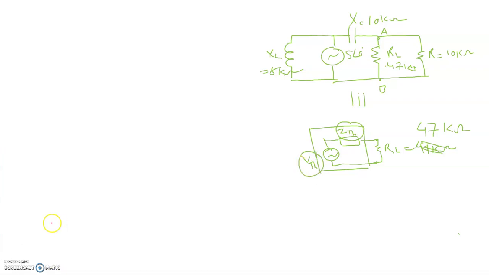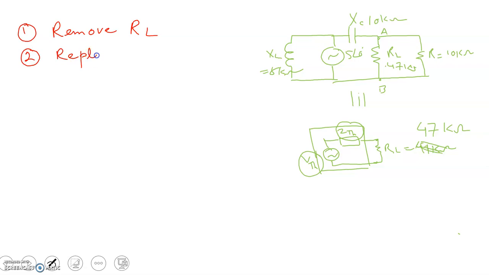So let us first try to find out ZTH. The process involved is we have to remove RL from the circuit, and the second part is to replace the active sources, and we have a voltage source here, by their internal impedance.